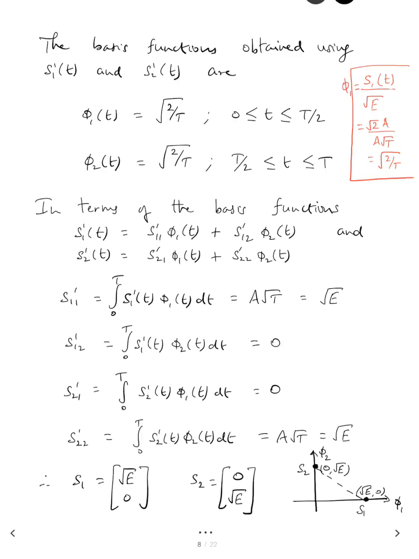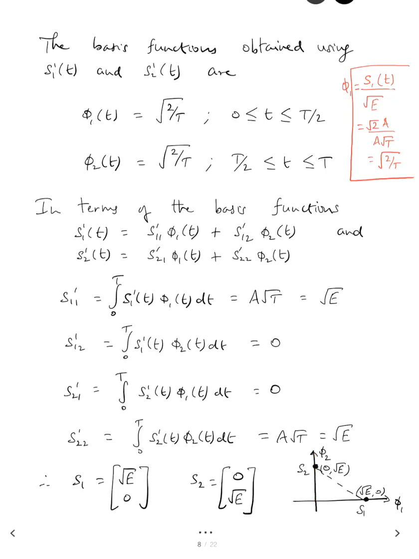Since each non-overlapping signal lies on a basis function, for example S1 lies on the axis represented by phi 1, the projection of S1 is root E, the norm of that signal, but the projection of S1 on phi 2 is 0 because it is perpendicular to phi 2.